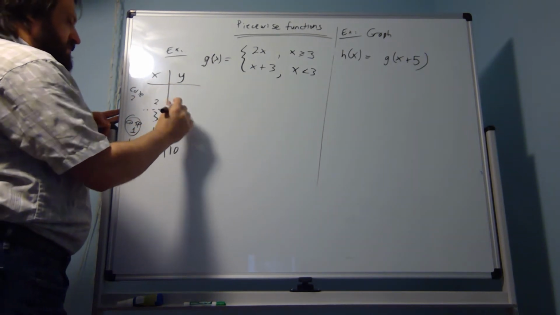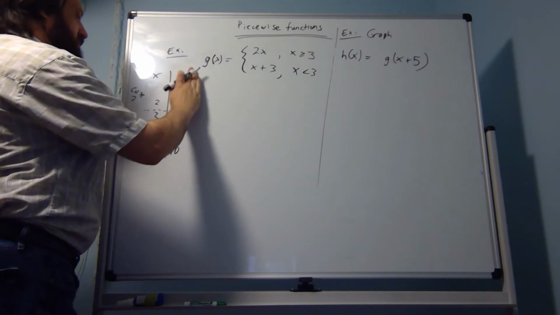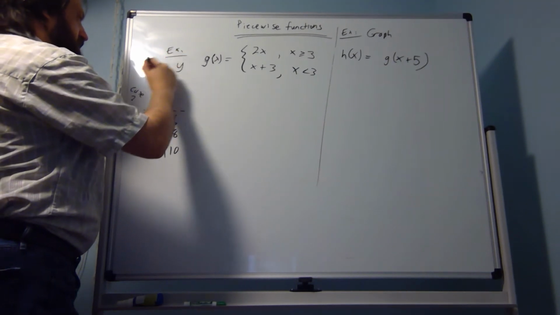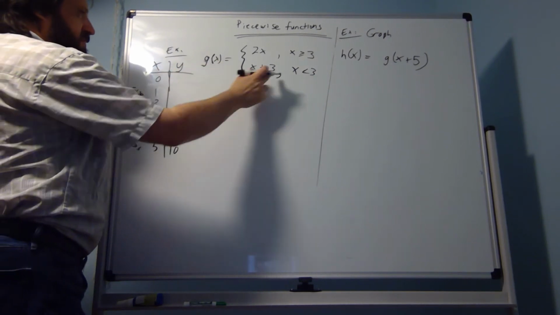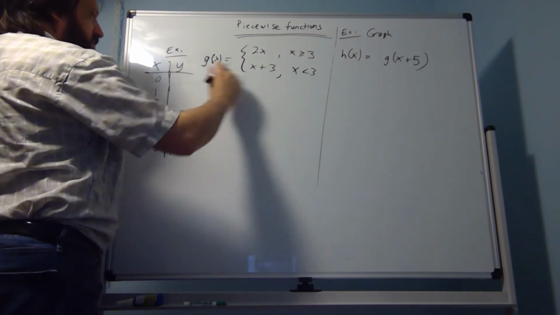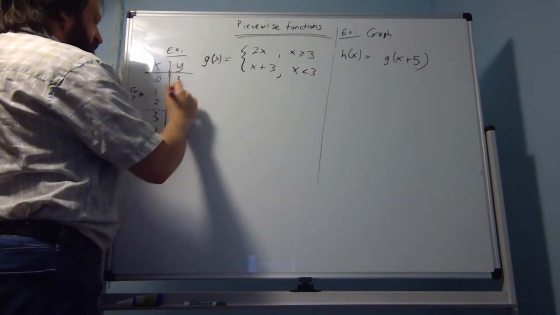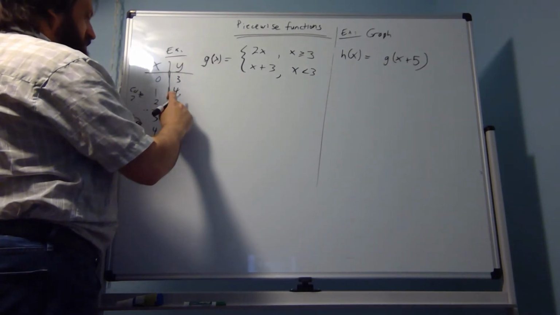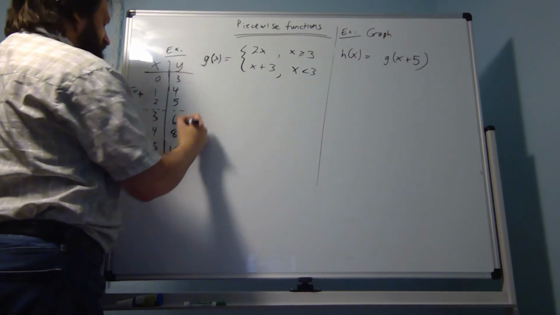So if we have a 2 here, we get, I'm going to make room for maybe just one more, just so we can see the pattern. So 1 and 0. So we plug in 0. 0 is less than 3, so therefore we get 3. If we plug in 1, we get 4. We plug in 2, we get 5. So 3, 4, 5.